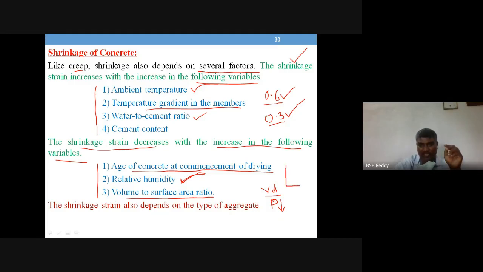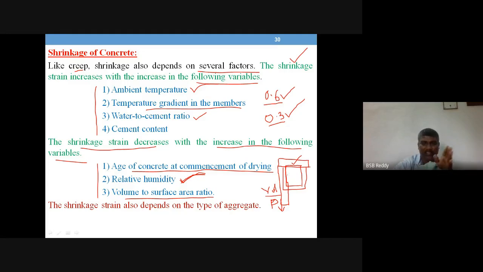For example, if you take a concrete member, this part of the top surface will be a part of a slab, for example. So these three faces are exposed to the atmosphere, so the shrinkage process will be high.